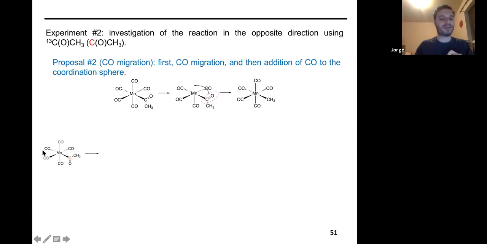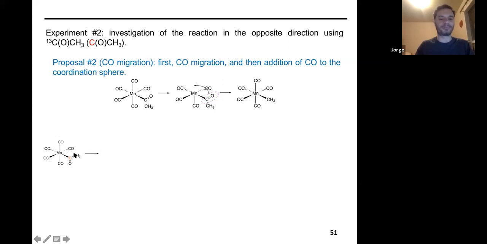However, this is very improbable to happen, low probability, because there would need to be a migration to a very far position, which is very unlikely. Okay, so therefore we are going to just consider the migrations to the positions right next to the acyl group.